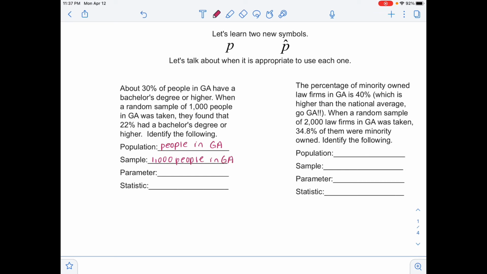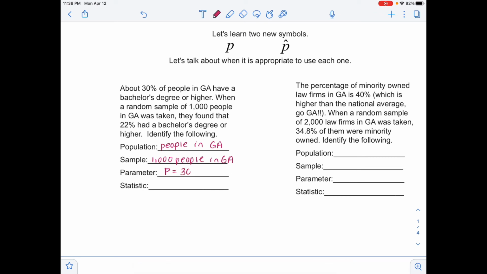The parameter, remember, talks about the population as a whole. Now in this one, we have those percentages. And so I'm going to use P here. For the parameter for the population, it was 30%.